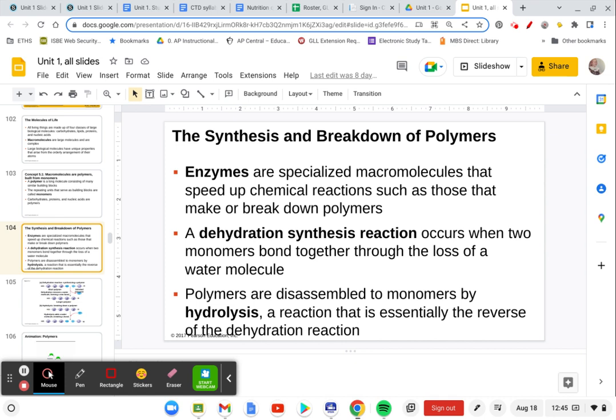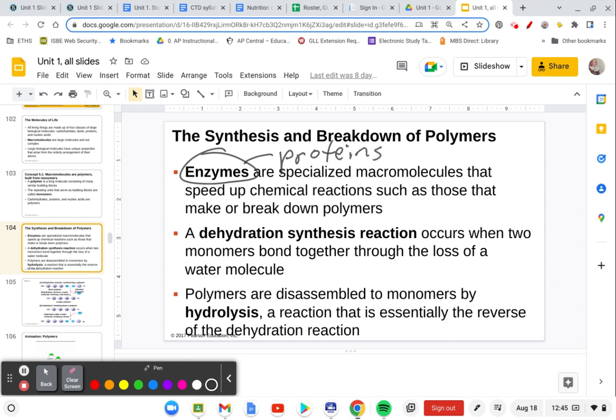Okay, so if I have a huge polymer, how do I break it down? We're going to talk more about this throughout the course. There are these special molecules called enzymes, and they're actually proteins. We'll talk about that a little bit later in the unit.